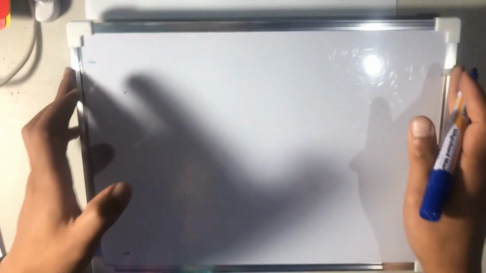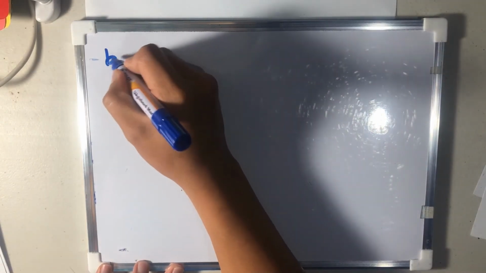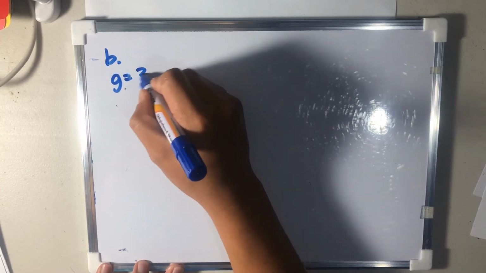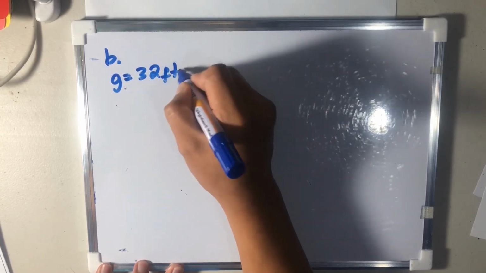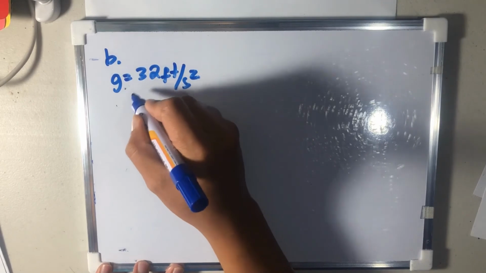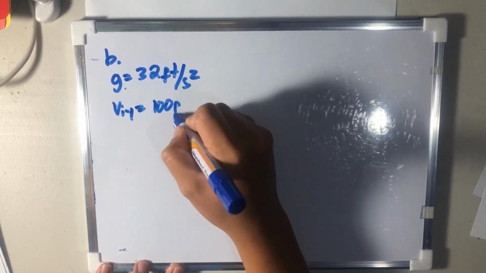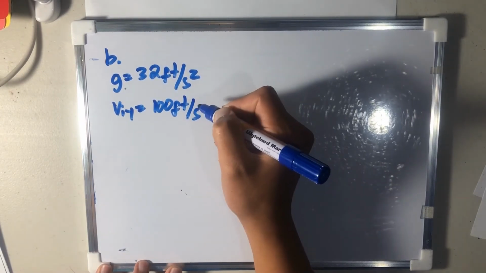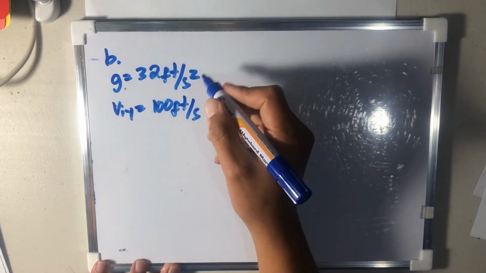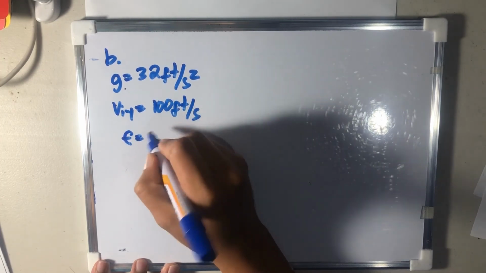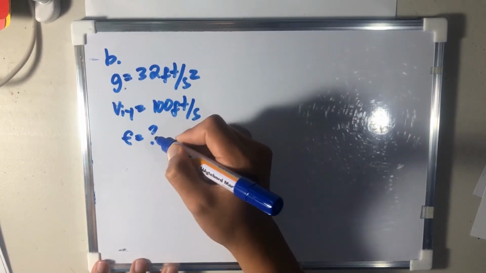Now let us solve for its time to reach the maximum height. Okay, so for letter B, we know that the acceleration due to gravity is 32 feet per second squared, and we know that the initial velocity is 100 feet per second. So for letter B, we are tasked to solve for the time that it will take the body to reach the maximum height.